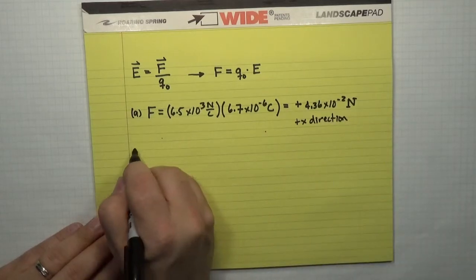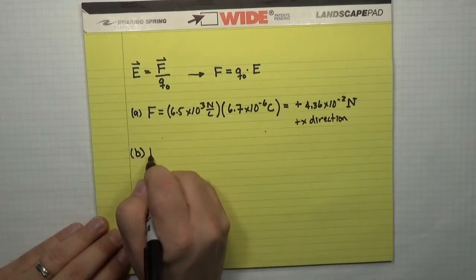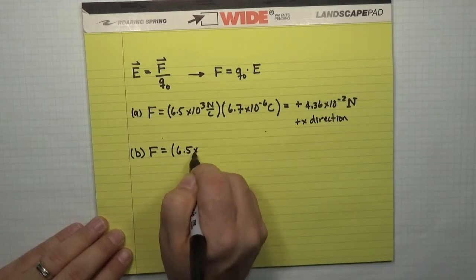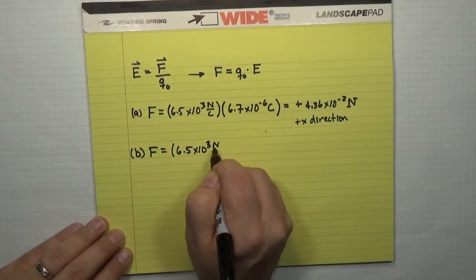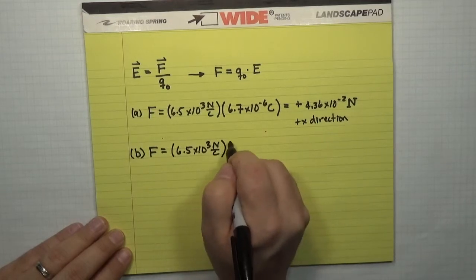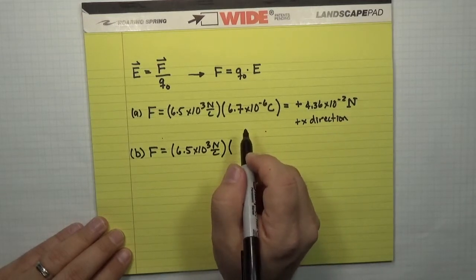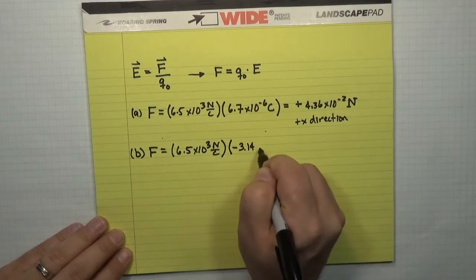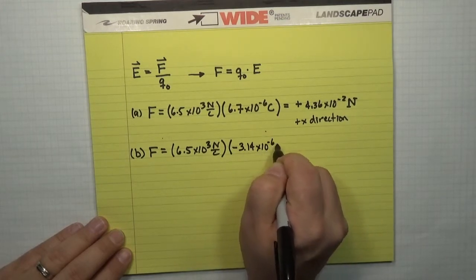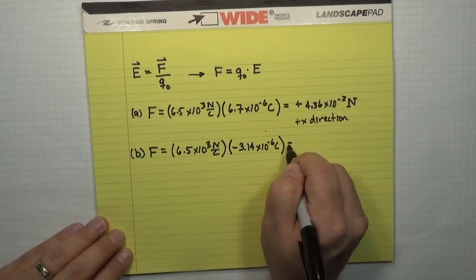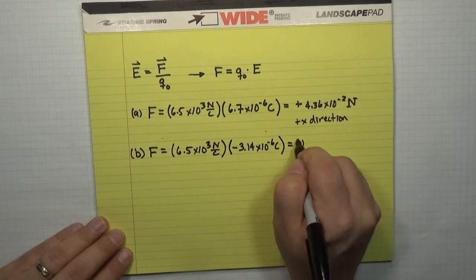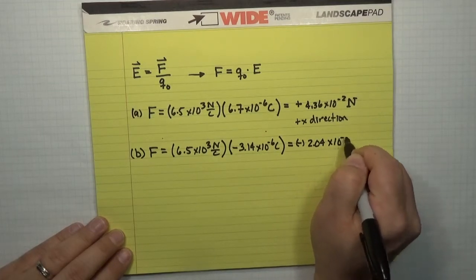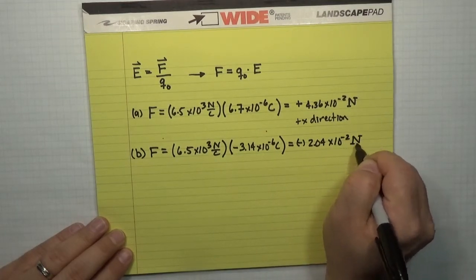Okay, let's do this for the other charge. For the second charge, we again have our 6,500 newton per coulomb electric field, but the charge in this case was minus 3.14 times 10 to the minus 6 coulombs. And if I multiply that out, I get minus 2.04 times 10 to the minus 2 newtons.